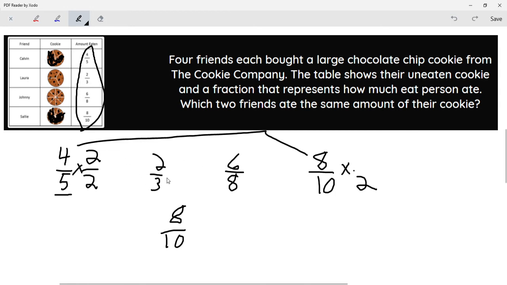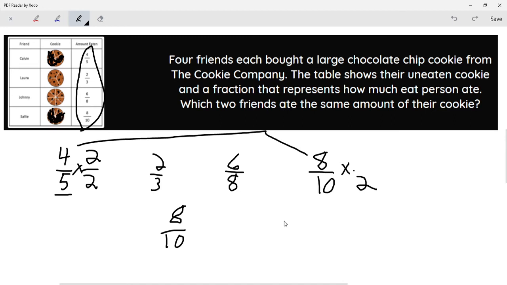Now we could go through and see here. All right, 2/3. Is there any way I can get 2/3 to 6/8? No. 4/5? No. And 8/10? There's nothing I can multiply this by to get to 8/10.